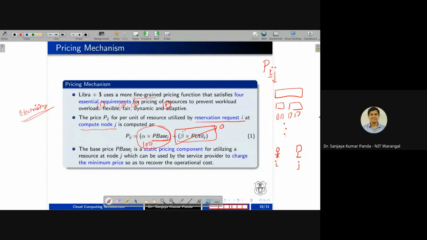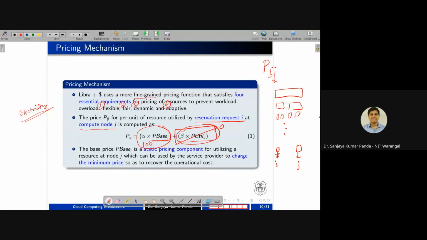In railway reservation, if you are not booking a Tatkal ticket or premium Tatkal ticket, you are paying only the base charge. But when you go for Tatkal, this dynamic part is coming. Or if you go for premium Tatkal, the dynamic part is coming, and it is varying with respect to time, right or not? So every price component has two parts. One is the fixed price, another is the variable price.